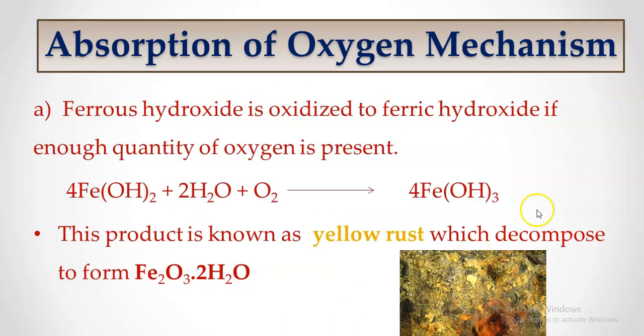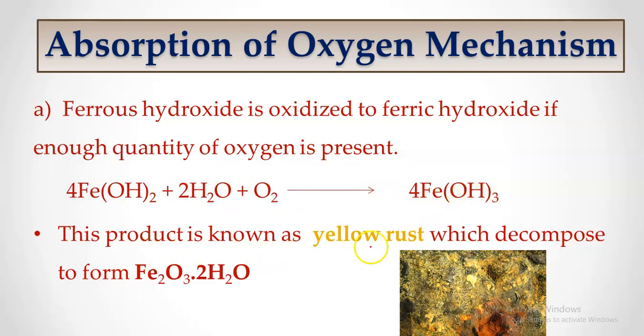Now there are two conditions. If the oxygen supply is enough, the ferrous hydroxide is oxidized to ferric hydroxide. You can see here, first corrosion gives ferrous hydroxide, and if enough quantity of oxygen is present, then this ferrous hydroxide is further oxidized to ferric hydroxide.